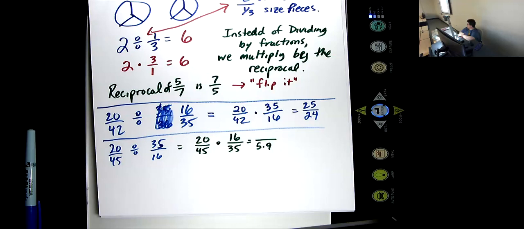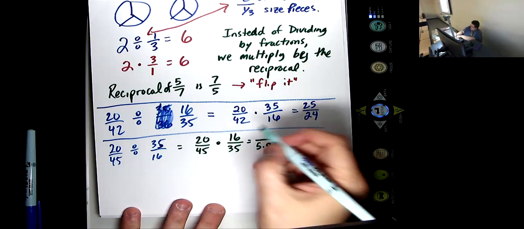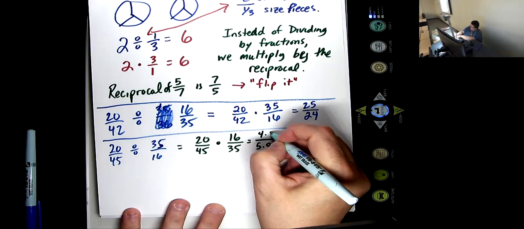Now, if you want to speed up your work, if you factored one thing and you see that one of the other things has a number in it, use that. 20, I know, is divisible by 5, so rather than doing 2 times 10, I can jump straight to 4 times 5.